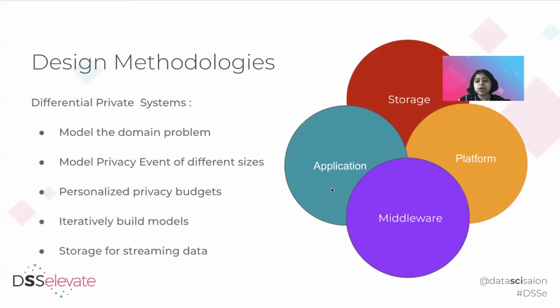If it is streaming data, is the storage technique such that we are storing the data and right away obfuscating it? Are we maintaining all the ACL rules properly? Differential privacy alone cannot make a system secure without help from middleware, platform, and storage. And in storage, we'll see how the database also plays an important role in designing differentially private systems.